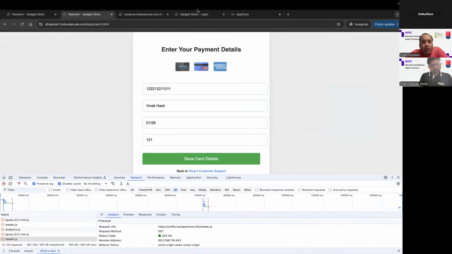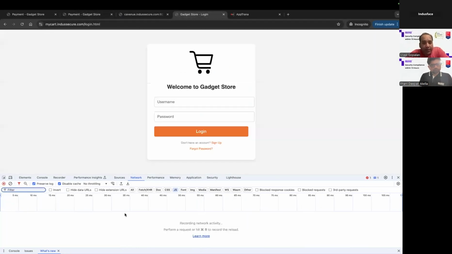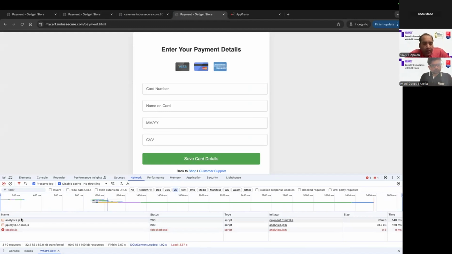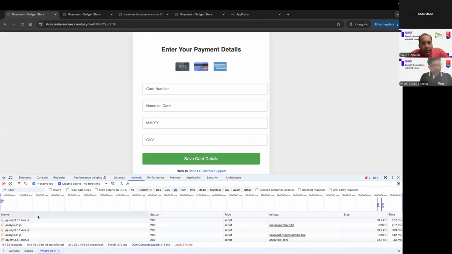So let me show that part at least. Hopefully that works. So this is my card site. This is now behind my Aptrana. So now when I try to log in here, what you see is the normal behavior which you saw in this site was allowed.